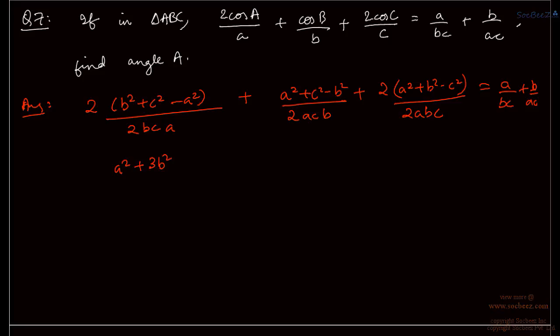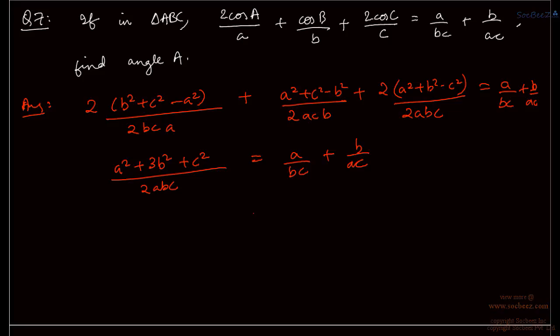For c squared I have 2c squared, c squared and minus 2c squared, so again I have c squared, by 2abc is equal to a by bc plus b by ac. Fine. So this is not helpful. So I'll try some other kind of approach. Okay, so I'll now try expanding the right hand part.